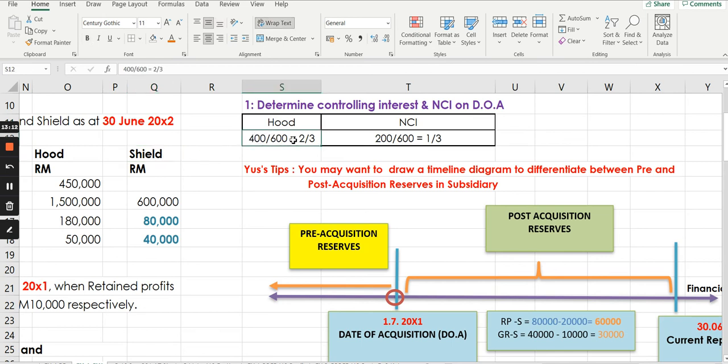How do you determine the parent's controlling interest?